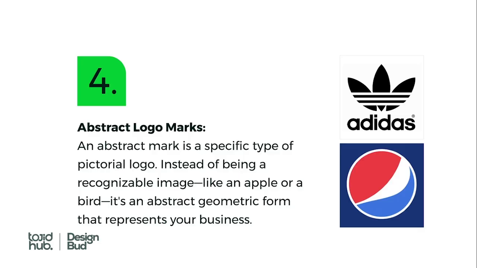So instead of being restricted to a particular image, an abstract logo allows you to create a single image to represent your brand. One benefit of an abstract mark is that you can attribute meaning to every part that forms this single logo. Examples are Pepsi, Adidas, and so on. There are many of them.